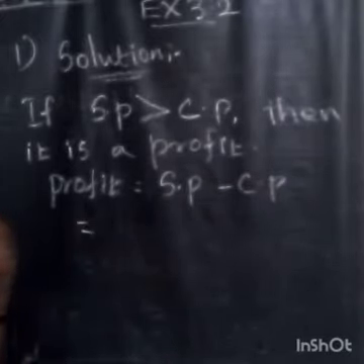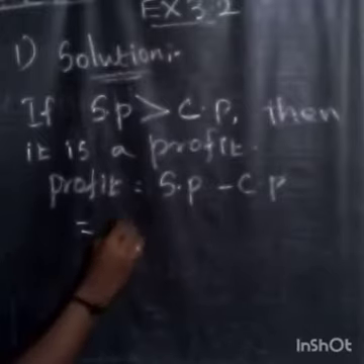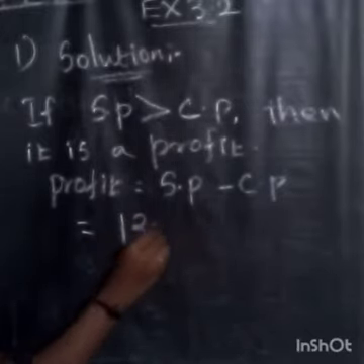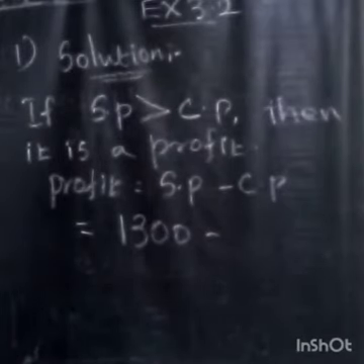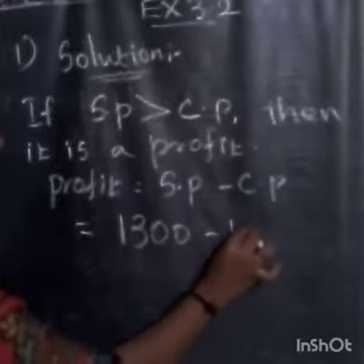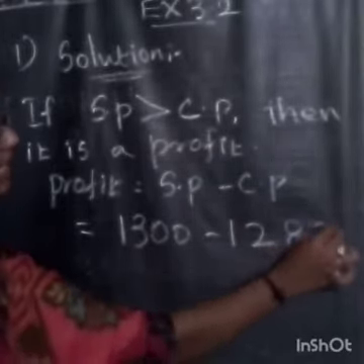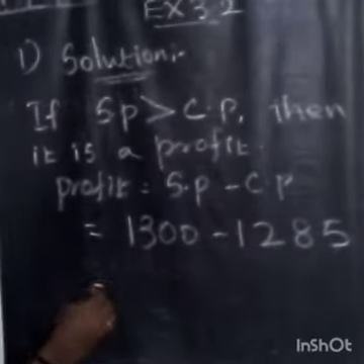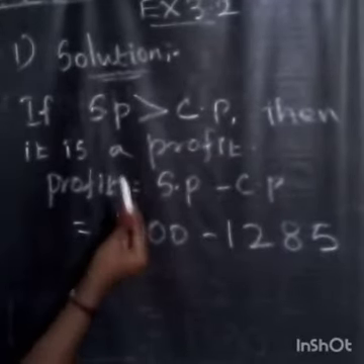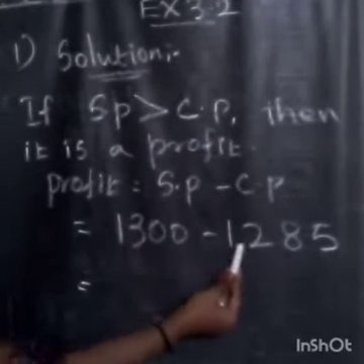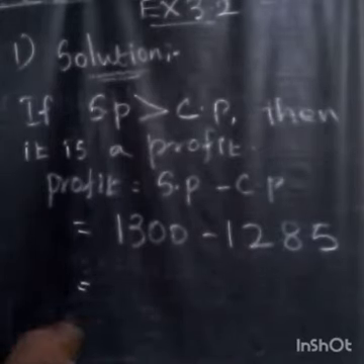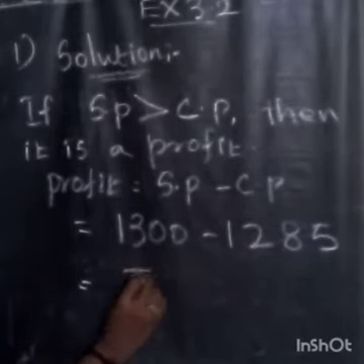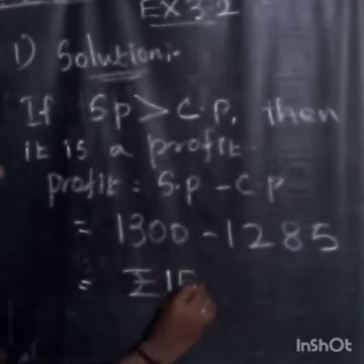So here the selling price value is 1300, and the cost price value is 1285. So here we subtract 1300 minus 1285. We get rupees 15.